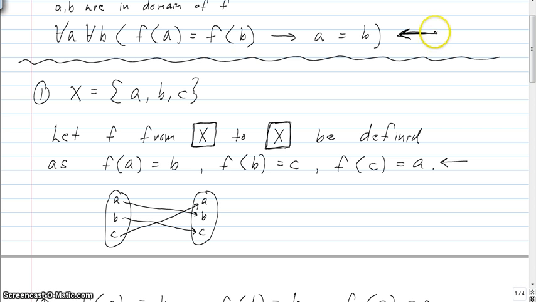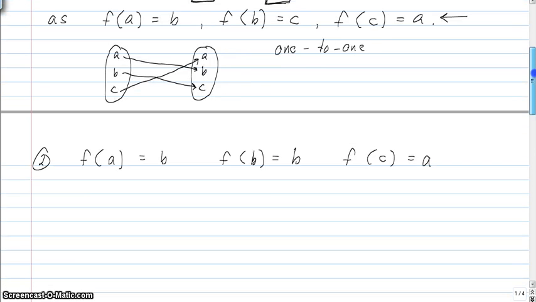What we set up here was that we can't have a situation where two different x values point to the same y value, and in our diagram we can see that is not happening. Only one x value goes to one y value for each of the elements. So this function is one-to-one. We're doing this by looking, but again, we don't have two different x values pointing to the same y value.